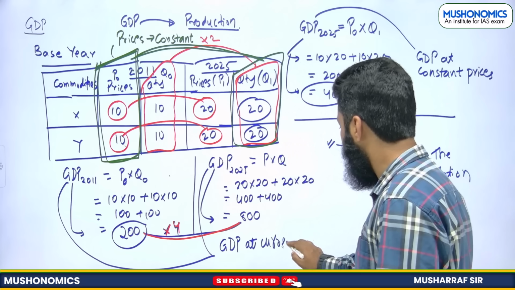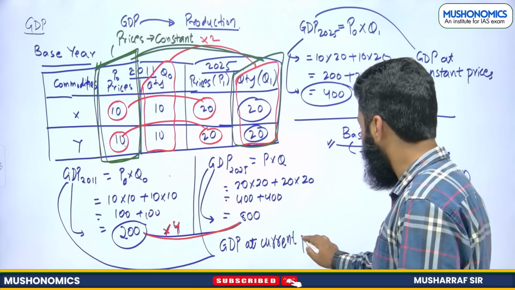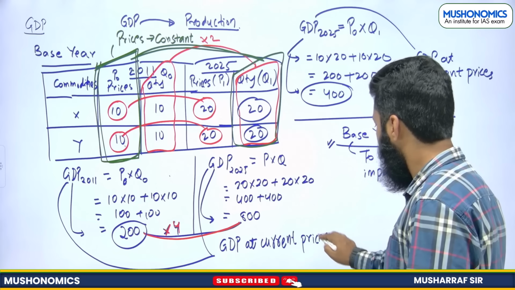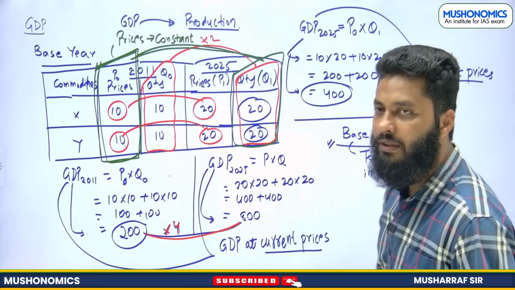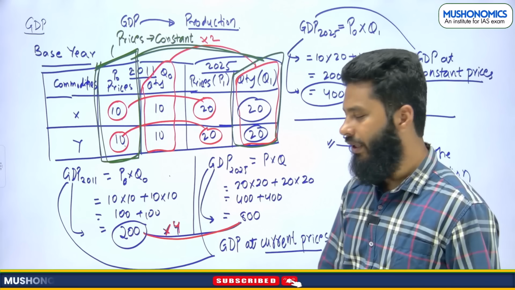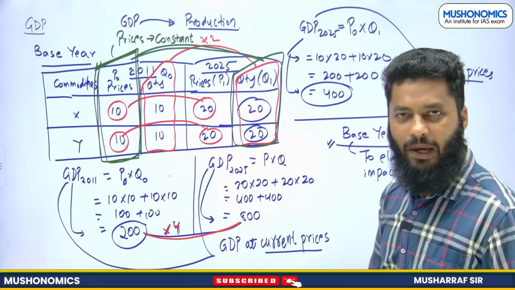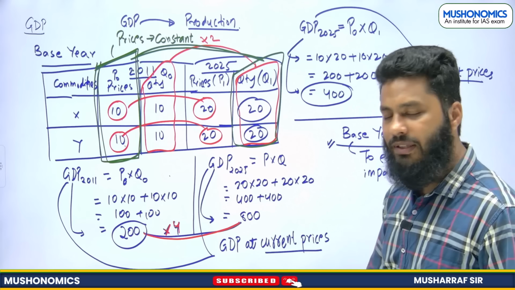GDP at current prices is also known as nominal GDP.